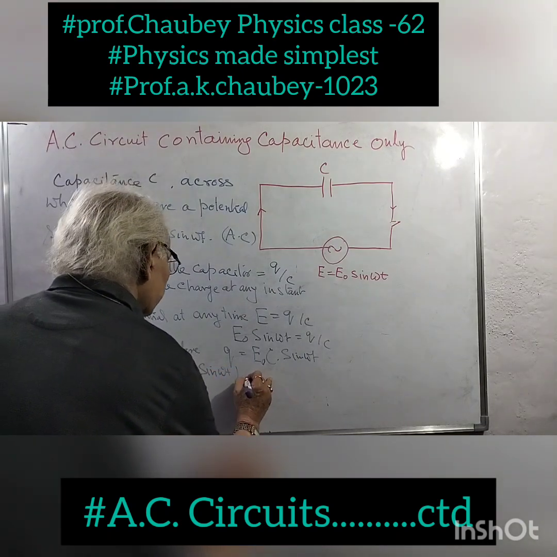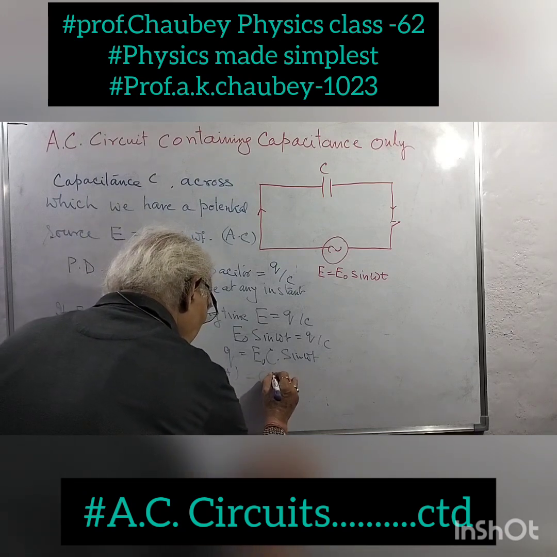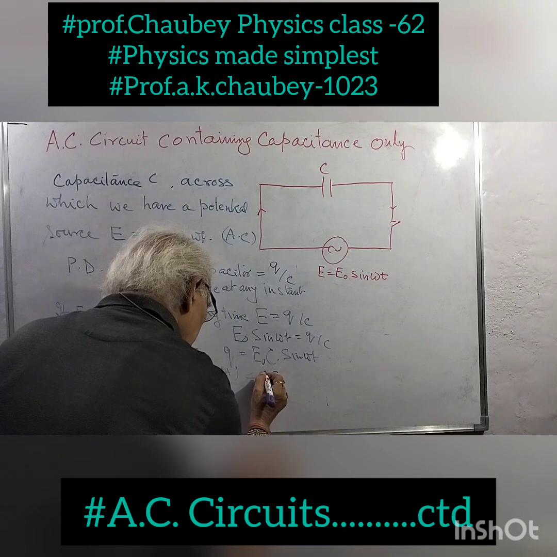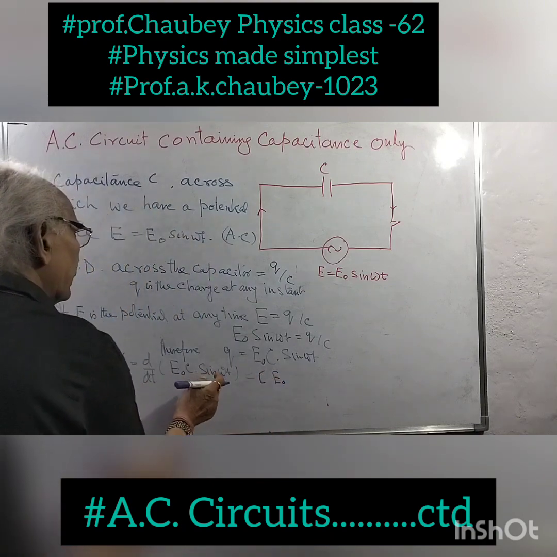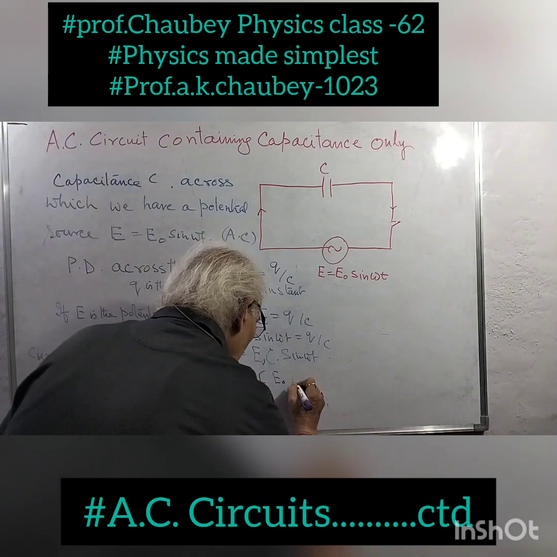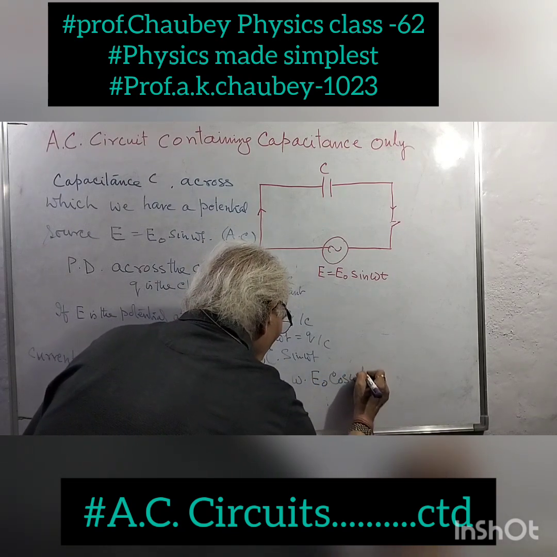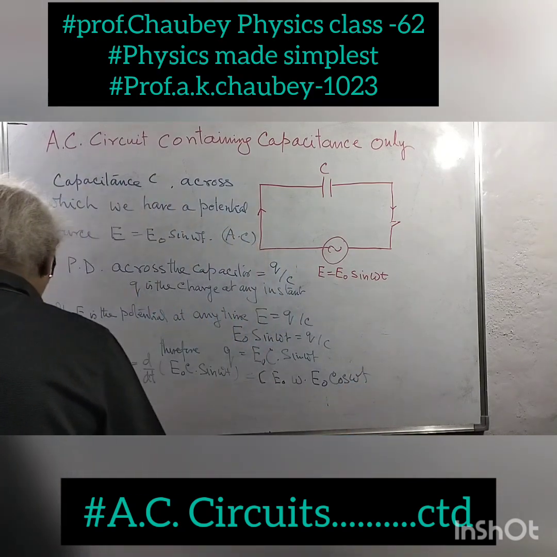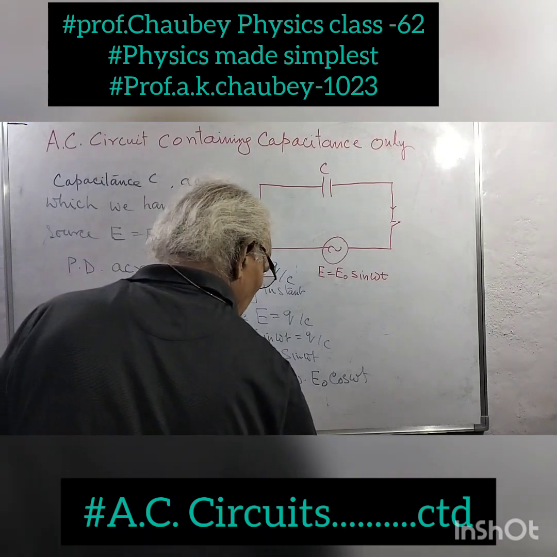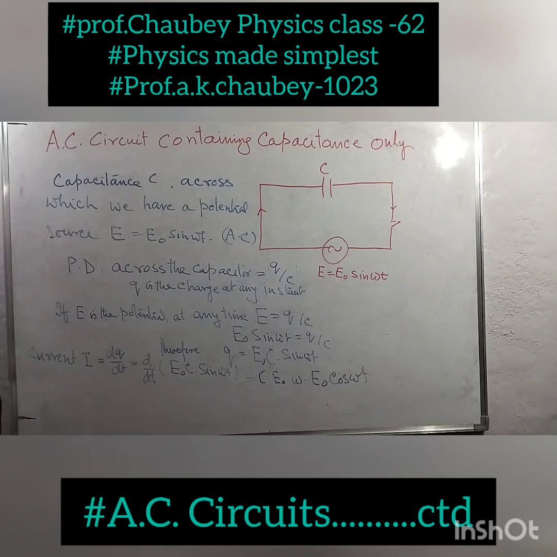So I is equal to C E naught omega cos omega t.